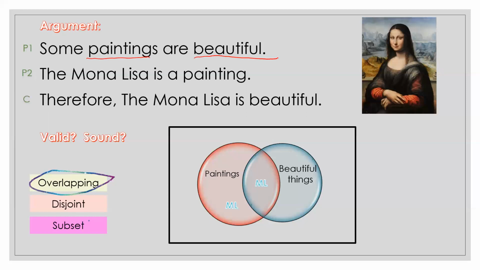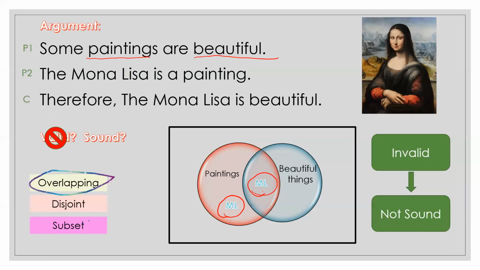Valid or not? Does the conclusion necessarily follow from the premises? The answer here is no, because the Mona Lisa could be here where it's not beautiful, or it could be here where it is beautiful. So you couldn't necessarily conclude one way or the other. So this is not valid. And when it's not valid, it's definitely not sound.